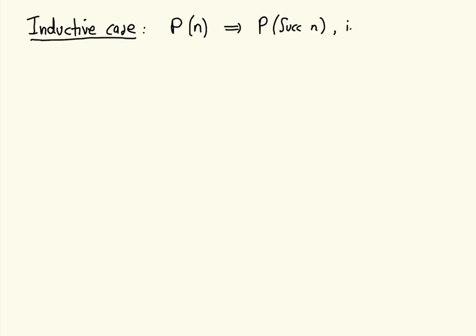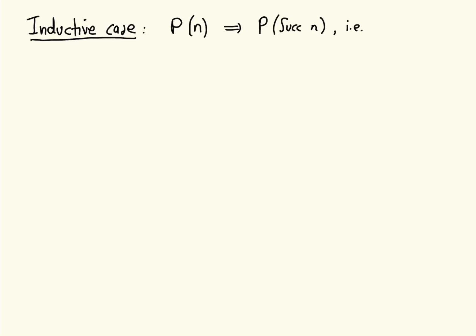Then we can move on to the inductive case, and this one is a little bit more sophisticated. So what do we need to show? In the inductive case, what we need to show is that if the property P is true for any number n, then it's also true for the next number, successor of n. So what does this actually mean? Let's spell this out again.